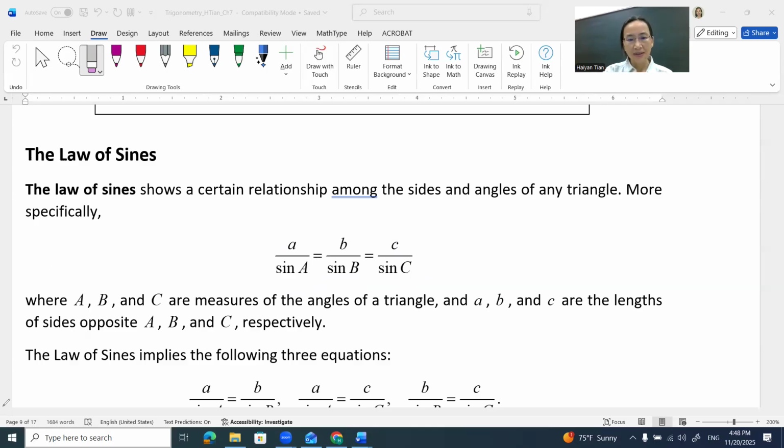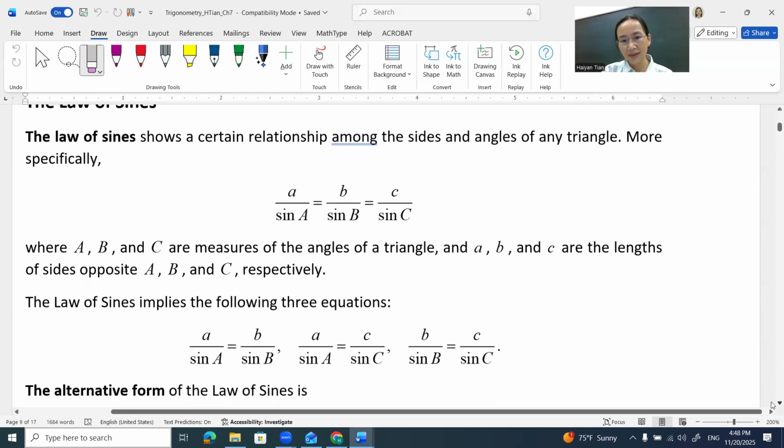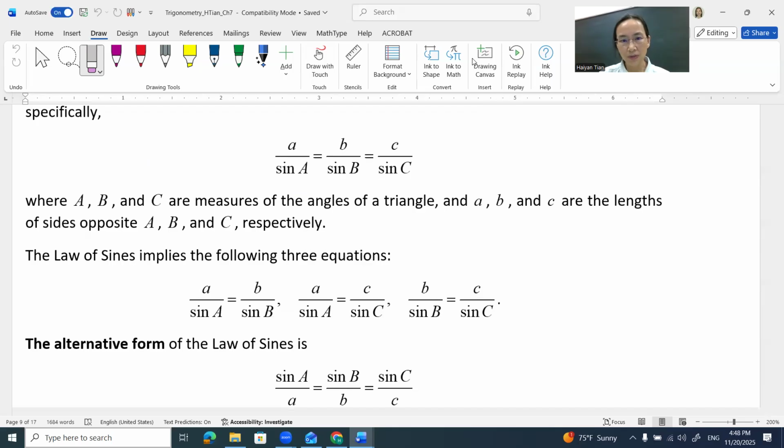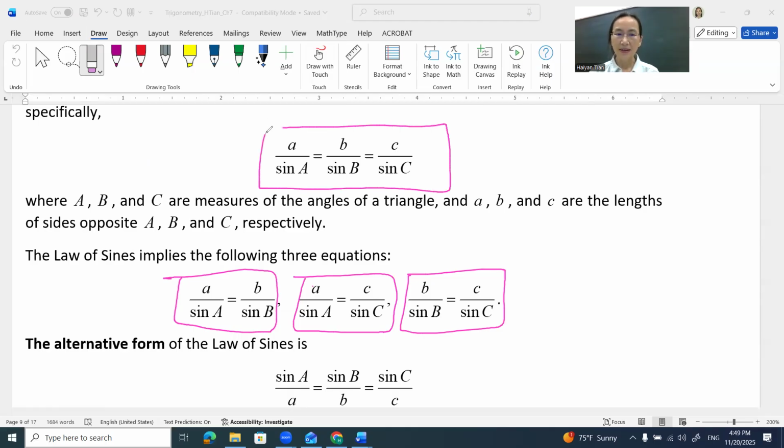Usually you see the law of sines written in this way, but it actually implies 3 equations.